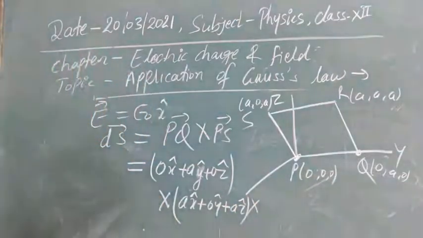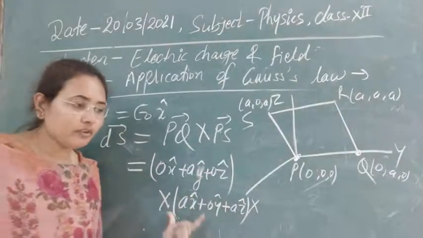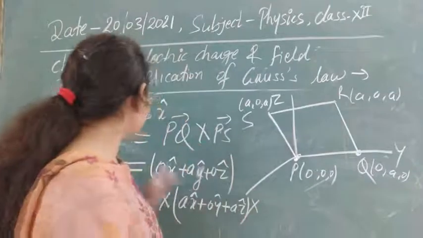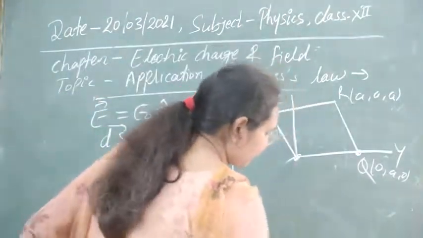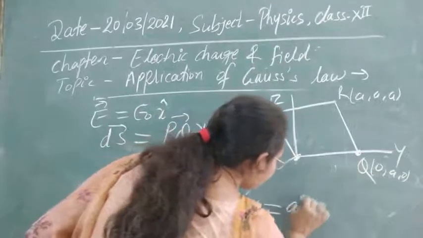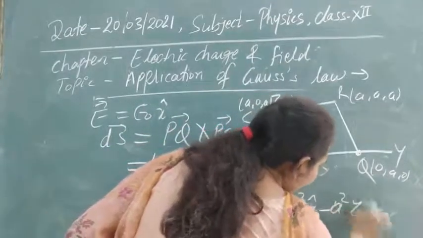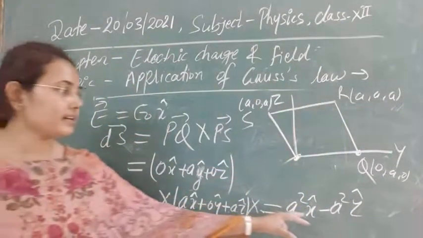So this is now vector PQ and vector PS that we have calculated. Now if we take the cross product of these two, we will have the area vector. So directly by the cross product, what we obtain is a square x cap minus a square z cap. These two quantities we get after solution.